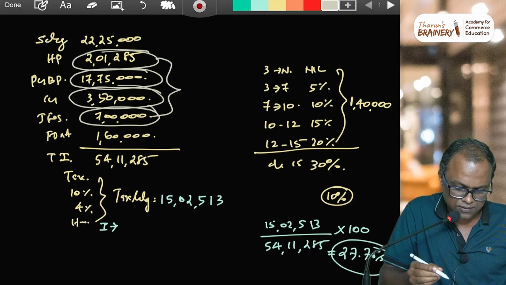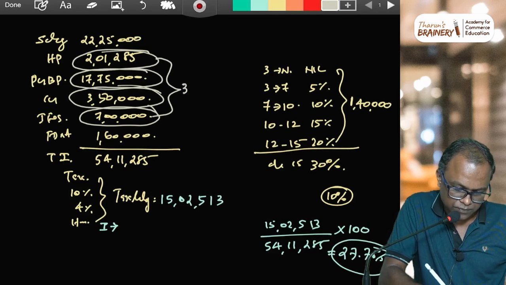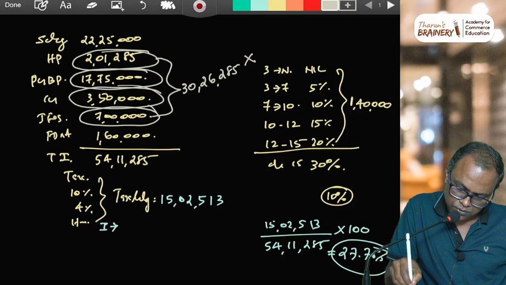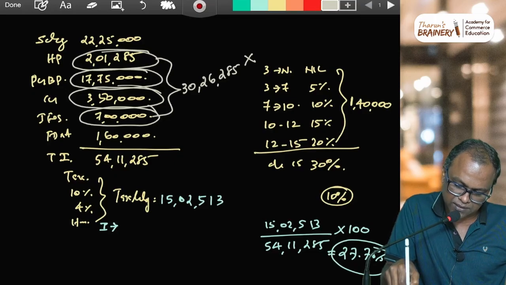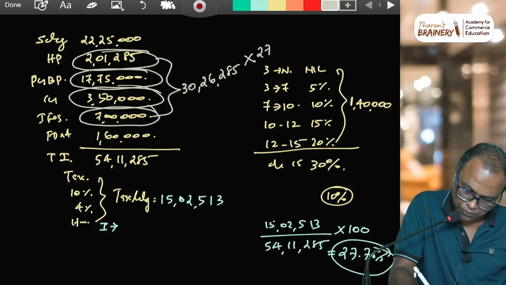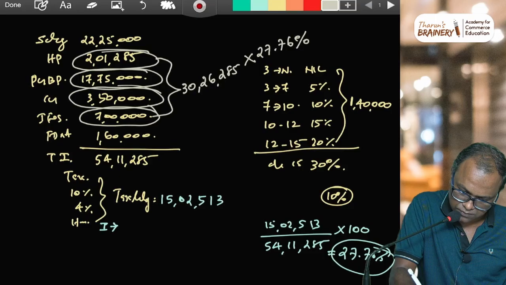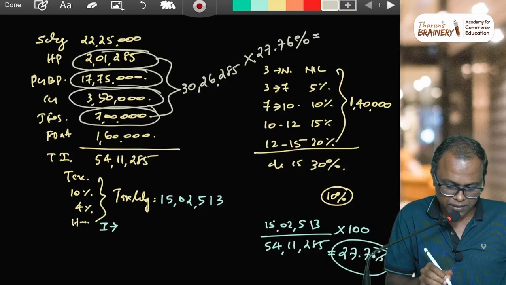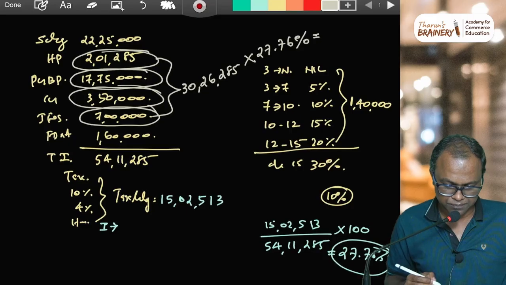So what is the total of this? 30,28,5xx into 27.76%. That is known as the tax payable in India on such foreign income.